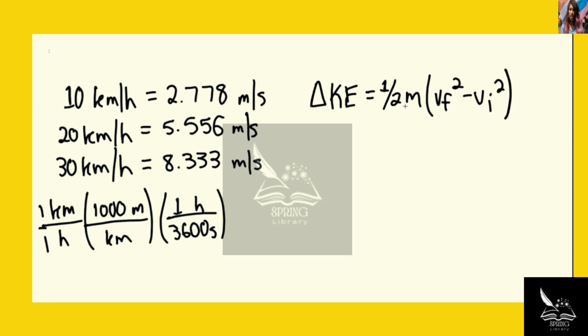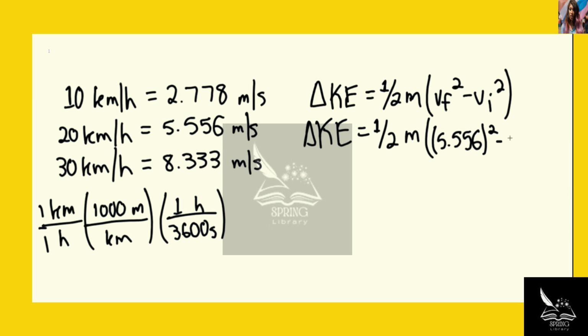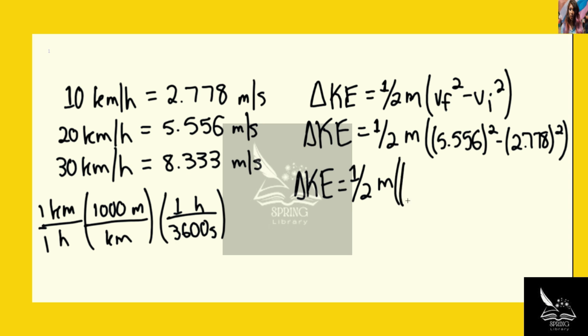And so for the first, it would be 1/2 times the mass multiplied by the velocity final, so this would be 5.556 squared minus 2.778 squared.